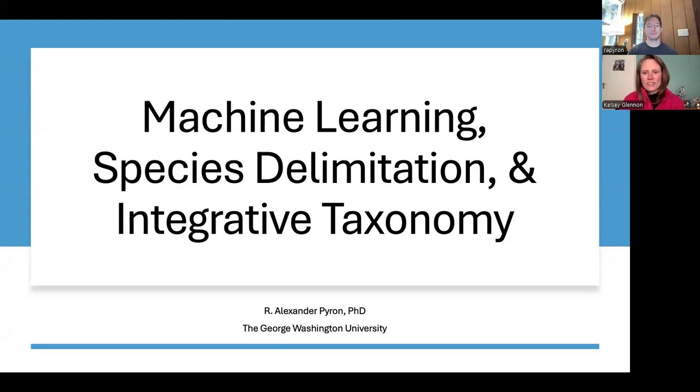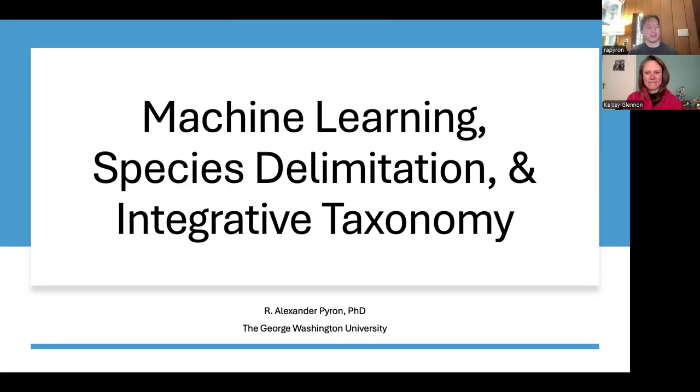So Alex did his grad school at CUNY, or the City University of New York, with Frank Burbrink, and then a postdoc with John Weens following that. His lab studies diversification and speciation of global biodiversity, and does this from a herpetological perspective, although he does have interest in paleo and other groups as well. So thanks very much, Alex, for joining us today and telling us about machine learning and species delimitation.